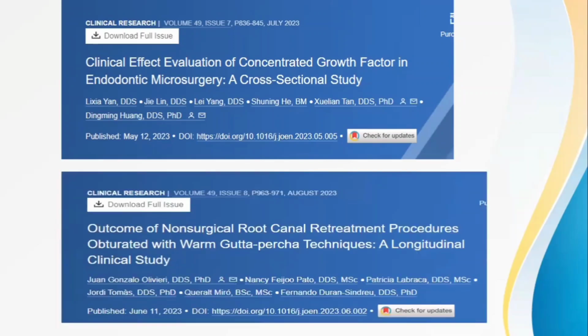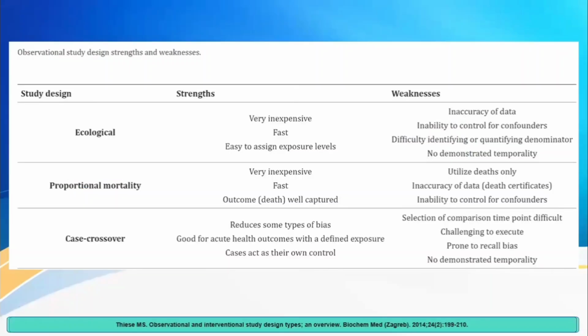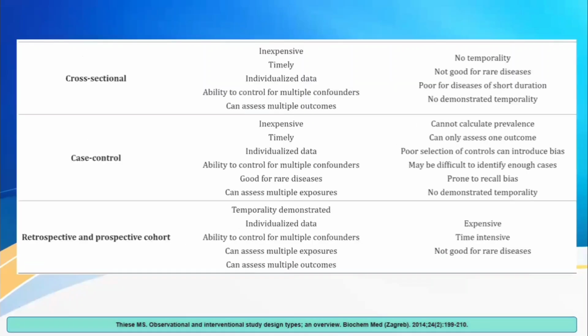This is an example for a longitudinal clinical study. In this, they assessed the outcome of non-surgical root canal retreatment procedures obturated with the warm gutta-percha technique. To summarize the observational studies, here I have tabulated the strengths and weaknesses of various studies.